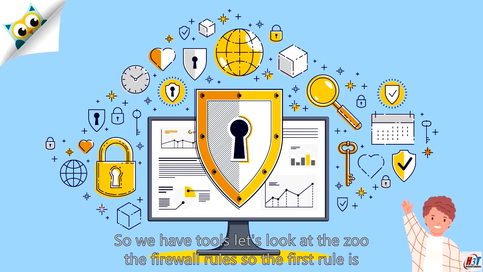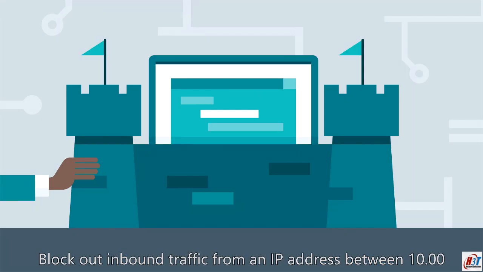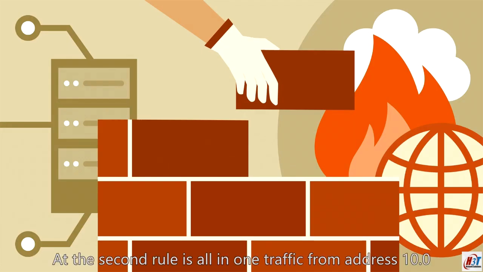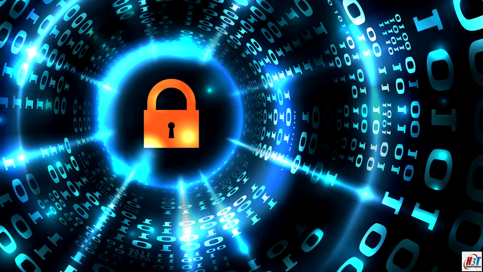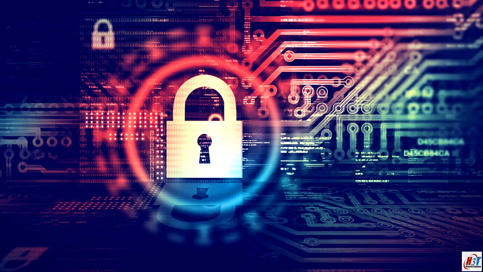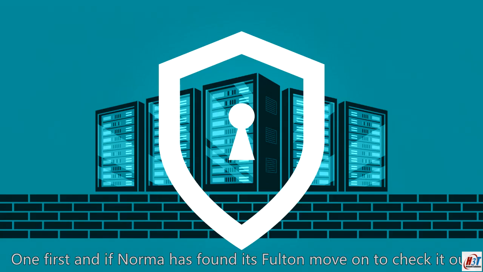The first rule is block all inbound traffic from an IP address between 10.0.0.1 and 10.0.0.10. And the second rule is allow all inbound traffic from address 10.0.0.5. So the firewall will look for a match for rule 1 first, and if no match is found, it will then move on to check rule 2.